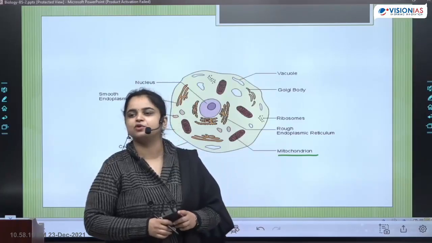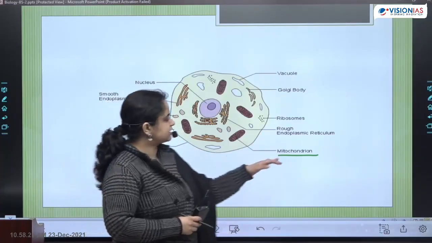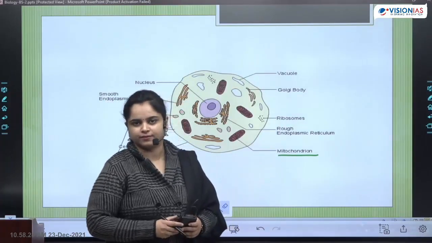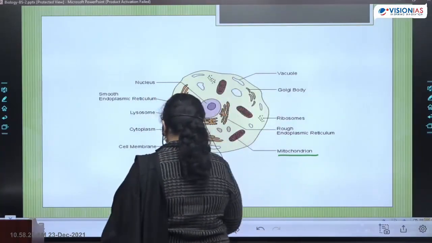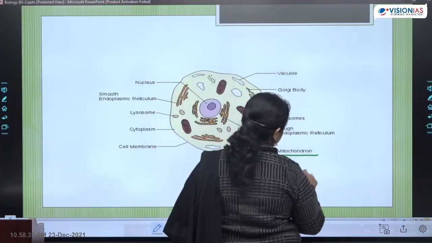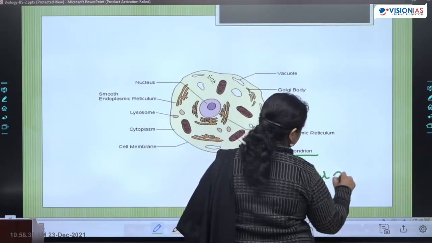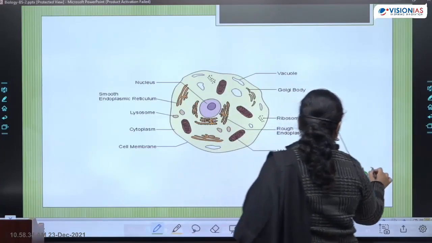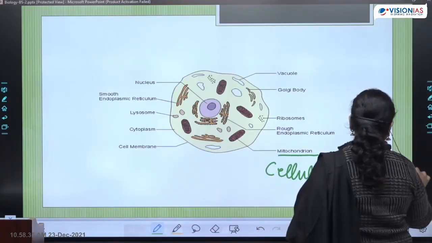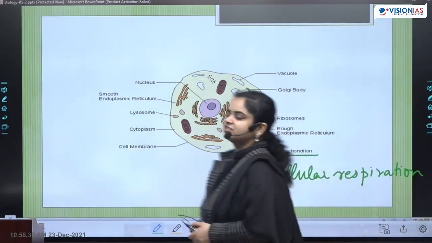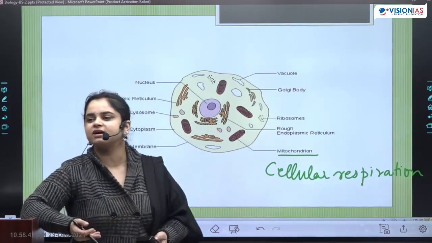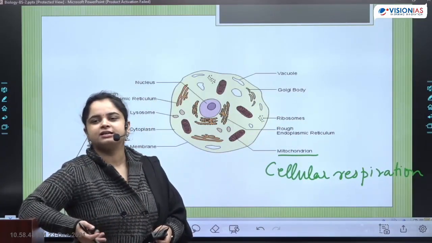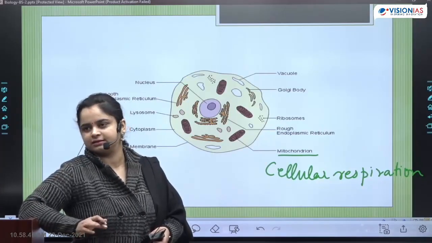Energy production in the cell takes place in mitochondria. We have a technical name for that. It is cellular respiration. We will study what is cellular respiration later. Here you just need to know this is a way in which your cell is producing energy. And because this is the place where cell is producing energy, it is called the powerhouse of the cell.